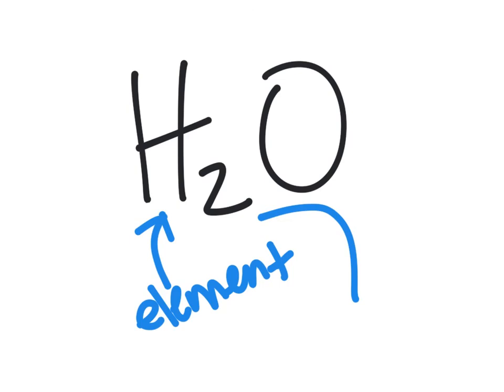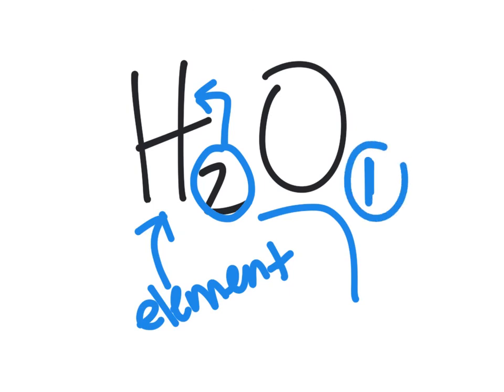So in this one, we have 2 atoms of hydrogen in this molecule and 1 atom of oxygen, even though there is not a 1 here. Whenever we don't have a number there, we assume that it is 1. That's the general rule. And that means that there's 1 atom of oxygen. So every molecule of water has 1 oxygen atom and 2 hydrogen atoms attached to it. It looks kind of like that.